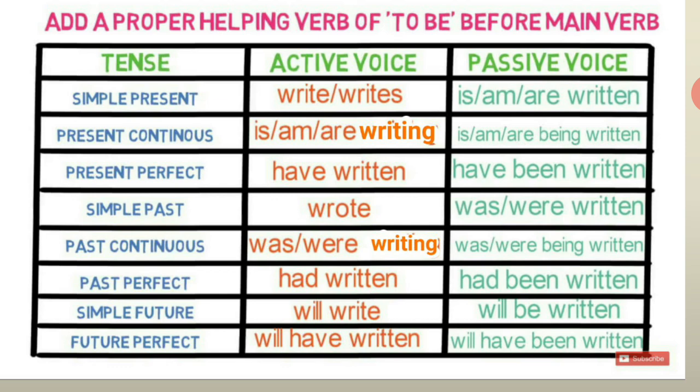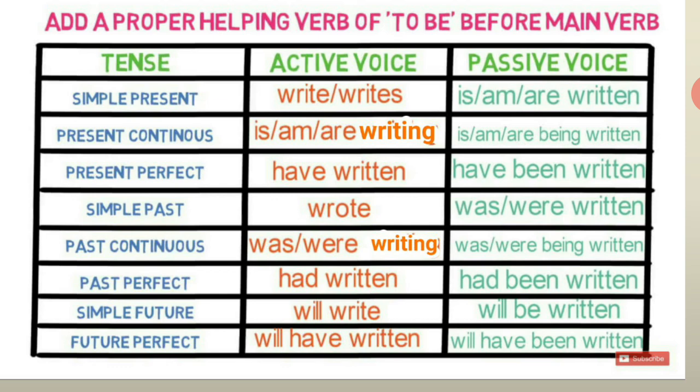So we write wrote in active voice, and while changing into passive voice, we will write was, were, written. Then past continuous tense. In active voice, we will use was and were and writing. And while changing into passive voice, what we write? Was, were, then being, then written.